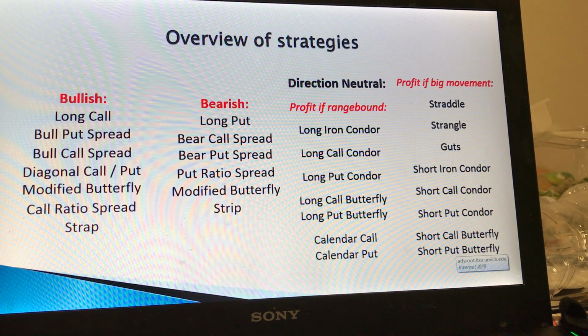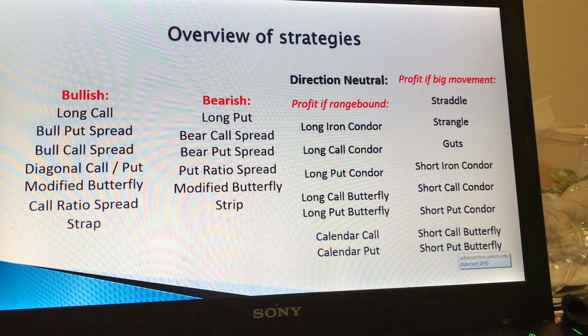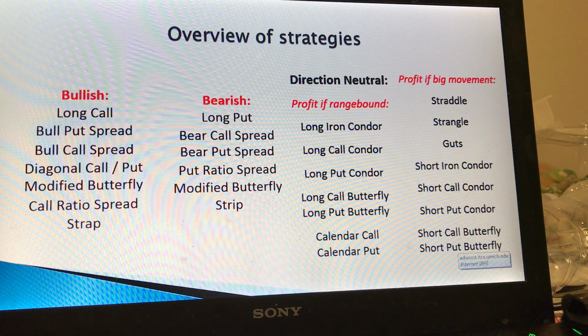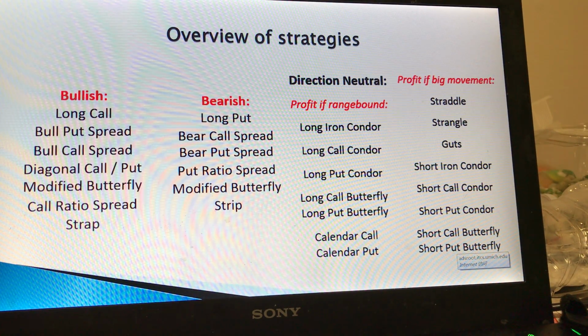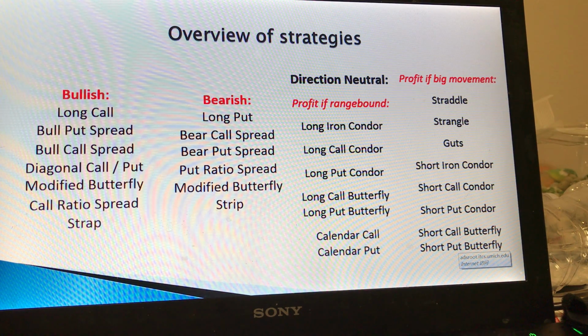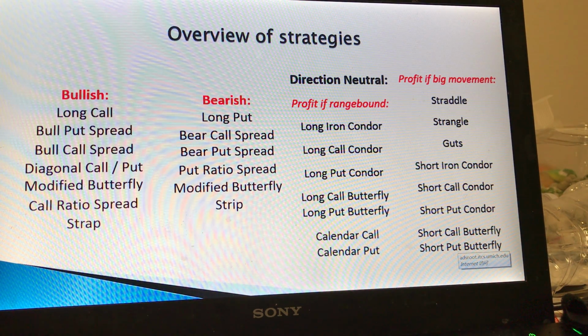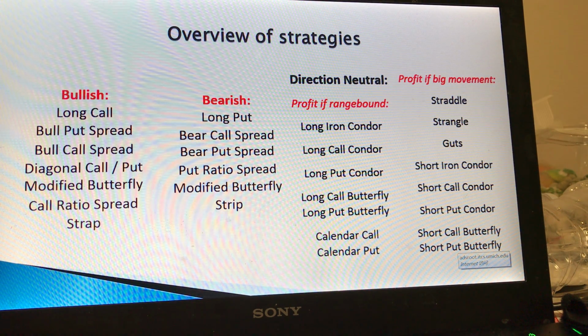The next category is direction neutral strategies where you can profit if the underlying stock makes a big movement, such as a straddle, a strangle, and a guts. These can be called brothers, since they are just using a call and a put.